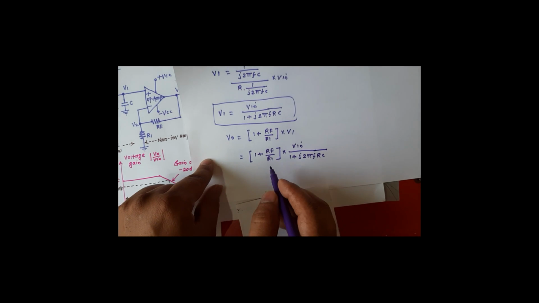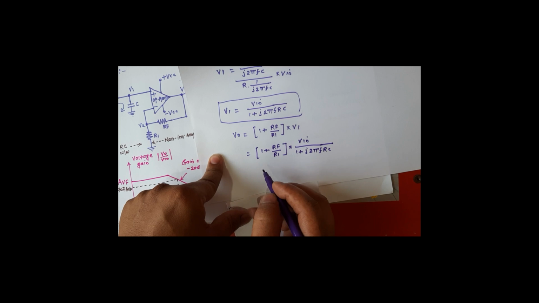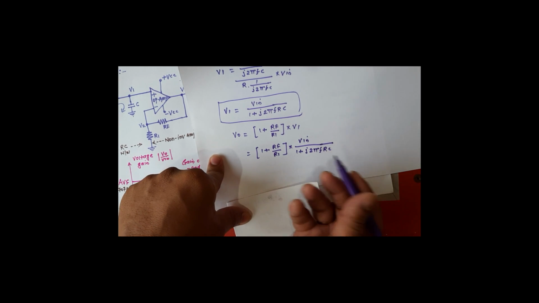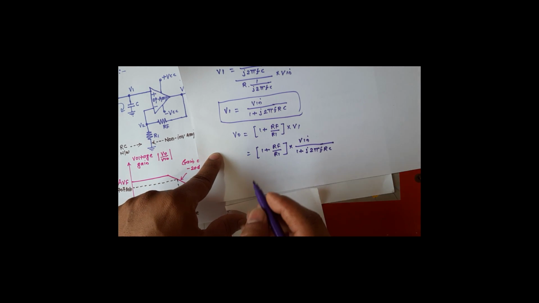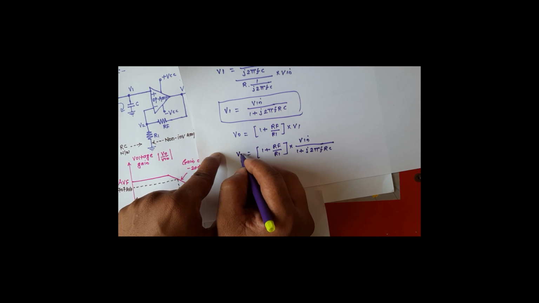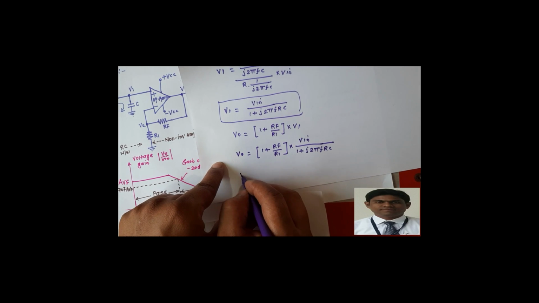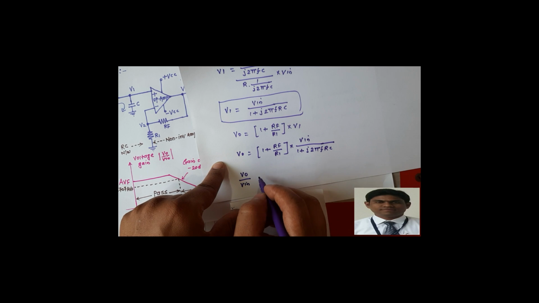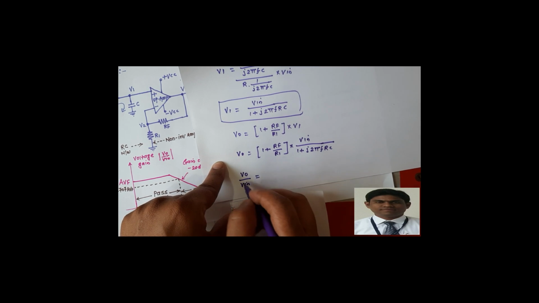Right. So now we have to find the voltage gain, and as you know, voltage gain means output voltage divided by input voltage. So we take this Vin to the left side, so V0 by Vin is the voltage gain, output voltage upon input voltage Vin.